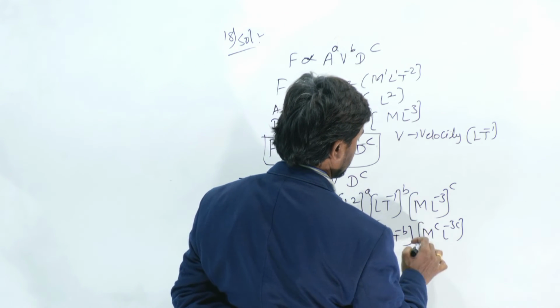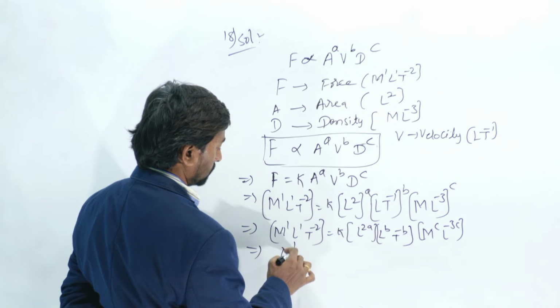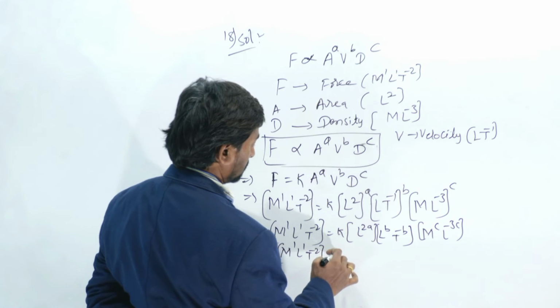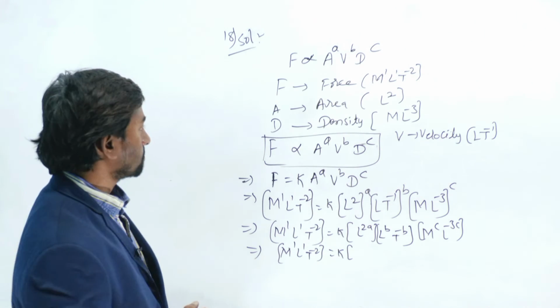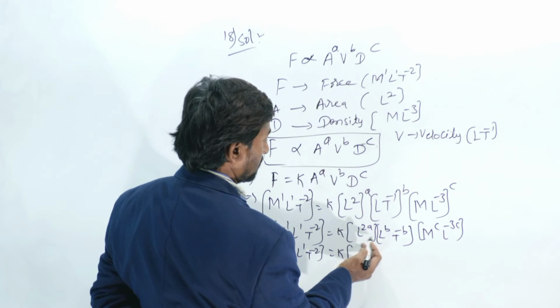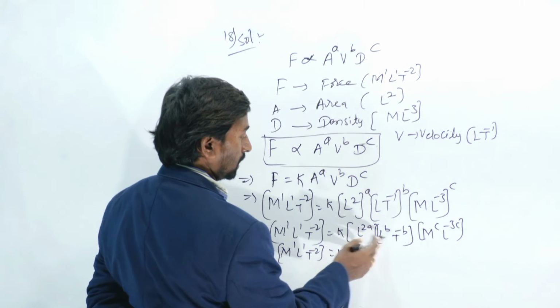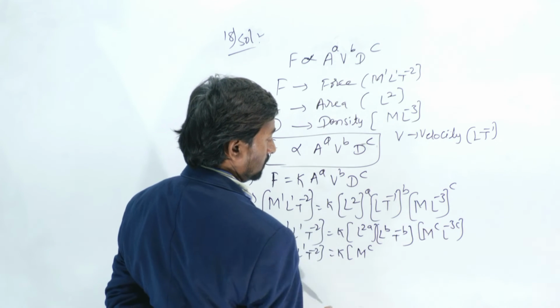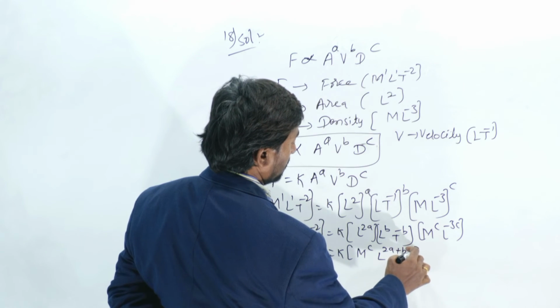So the M term, M power c, is kept as it is, then the L terms: L power 2a, L power b, and L power minus 3c. So L power 2a plus b minus 3c.